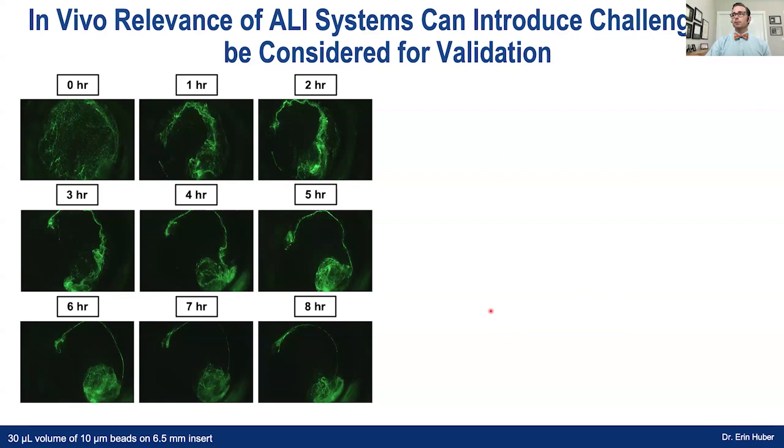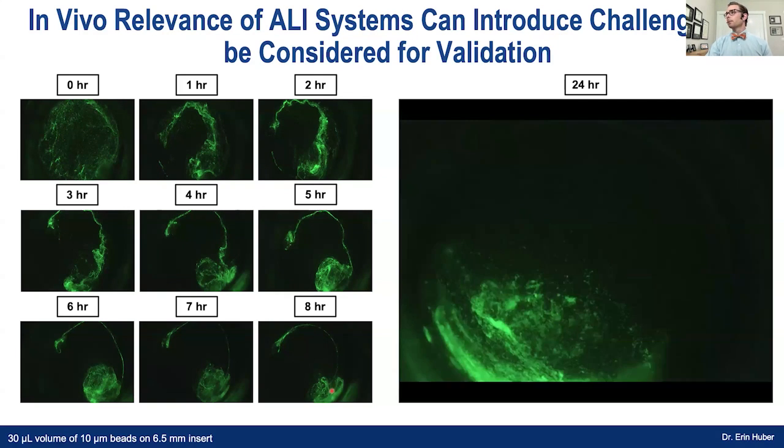And then this was work done by Dr. Aaron Huber, who's an investigator in my group at RTI. And so we took these cultures and put a distribution of 10 micron green fluorescent polystyrene beads on them and just sort of tracked it over time. And the cells sort of roll this up into what is, for lack of a better term, a green booger.